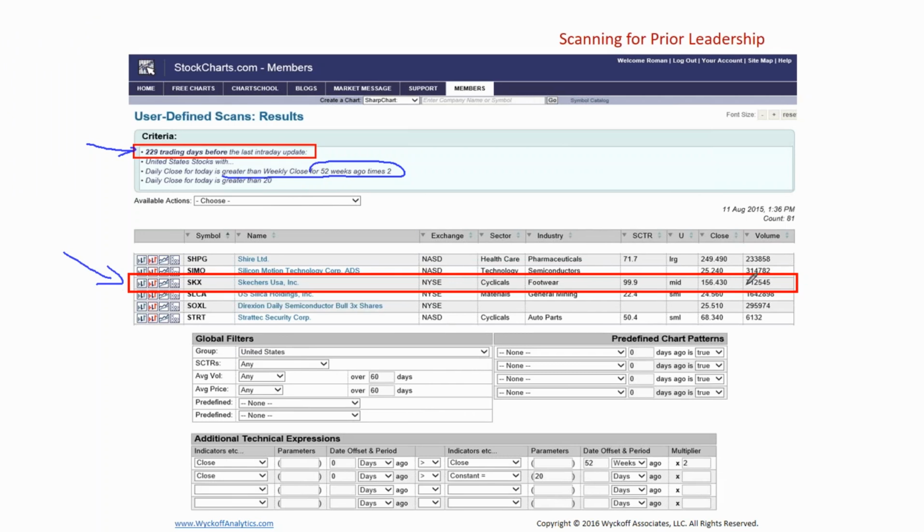It shows me that prior outperformance, prior leadership, and I could definitely use this to identify that prior leadership, to look into the structure of the stock, and to define whether it's time for the reaccumulation to leave the trading range and for the price to resume its uptrend.